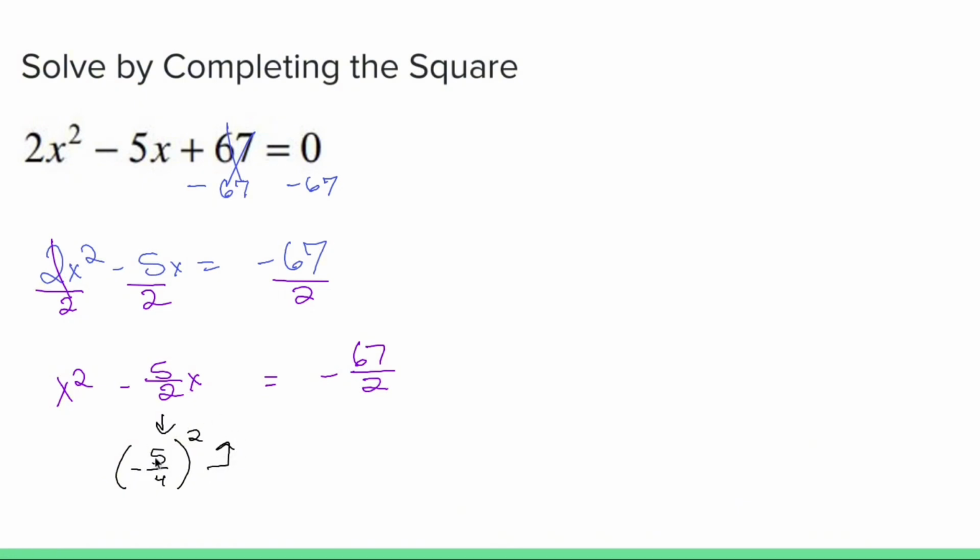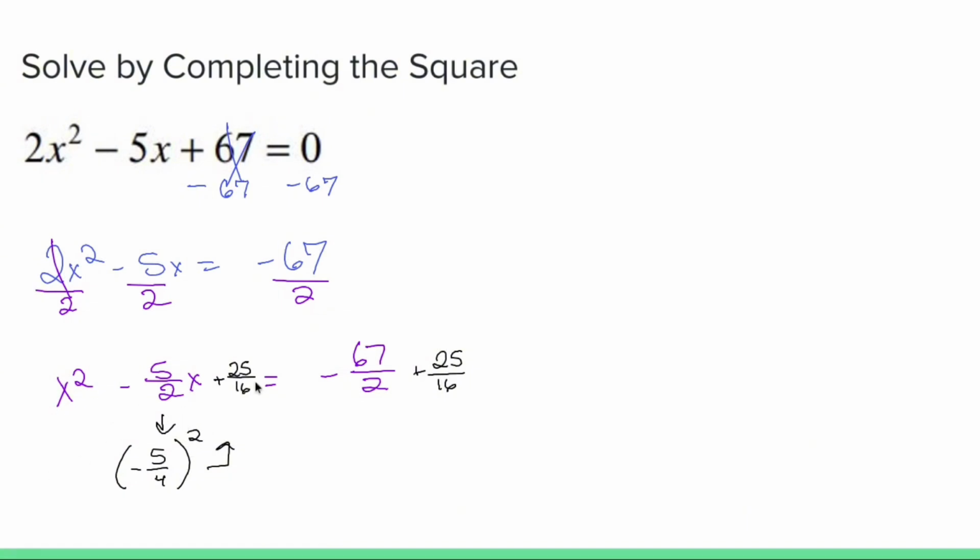So negative 5 over 4 times negative 5 over 4 is positive 25 over 16. You're going to add that to both sides, positive 25 over 16. Okay, so if you're looking at this and saying, this is going to be bad, yes, this is going to be bad.